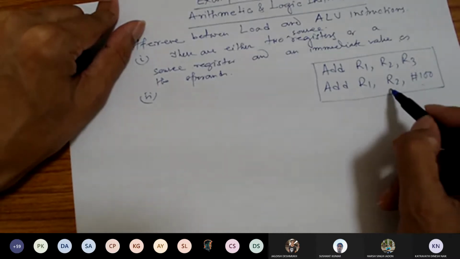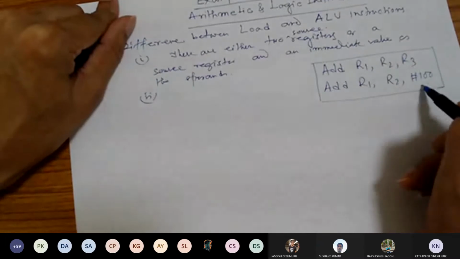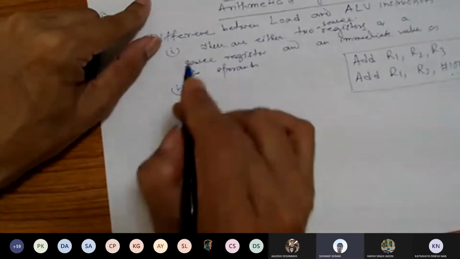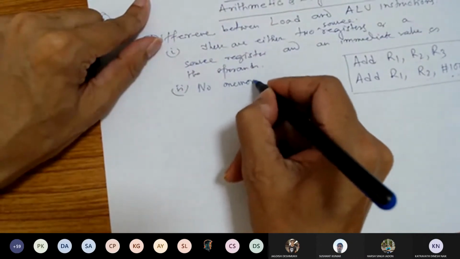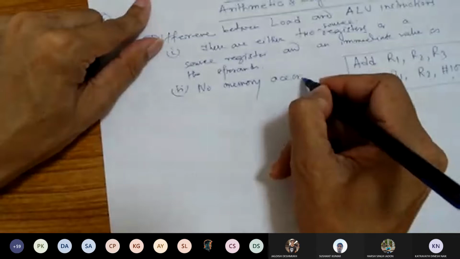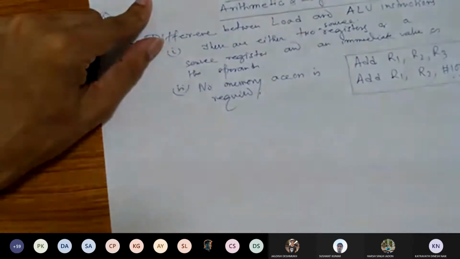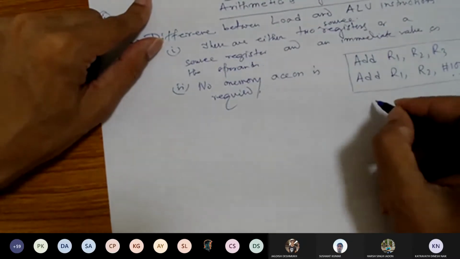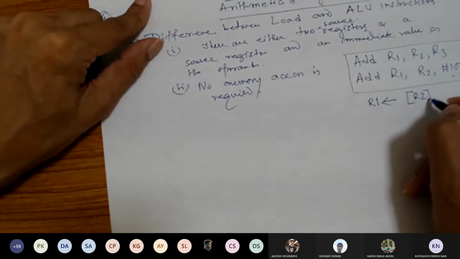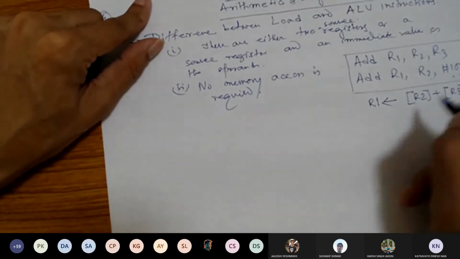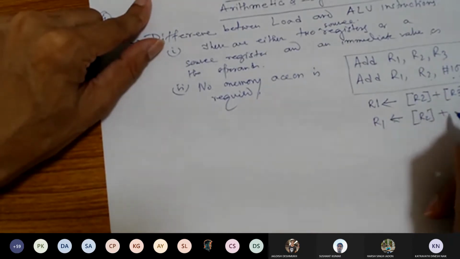In case of load, it was always like this, whereas in case of add, it can be like this or this. Memory is not here. Right, this is the point. So no memory access is required, because what it does is R1 equals R2 plus R3, or R1 equals R2 plus 100.